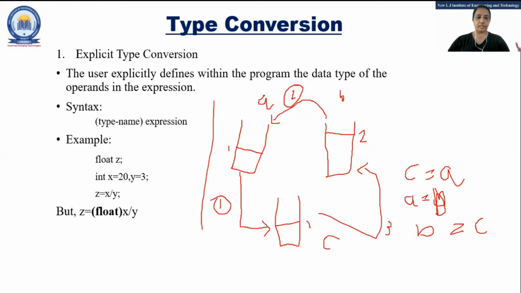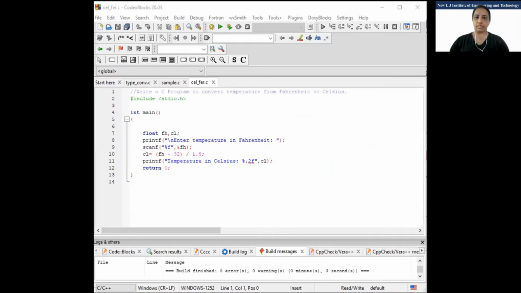I'll share the other screen of Code::Blocks. Okay, fine. Just a minute. I'll share in another way so you can see both things, the output screen and the editor together, right? Fine.